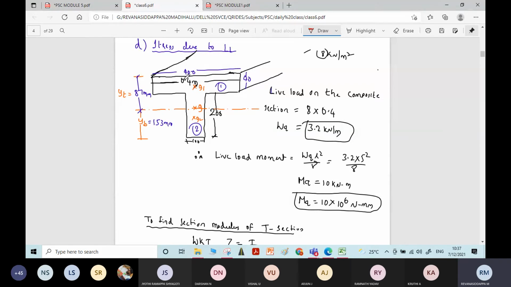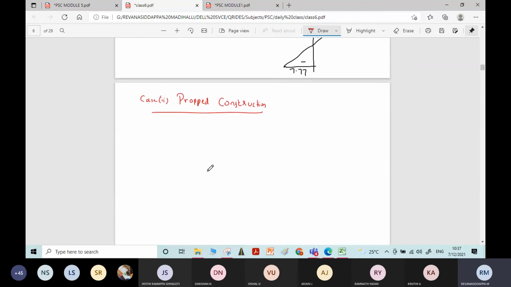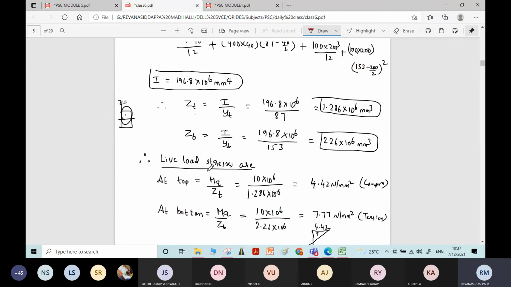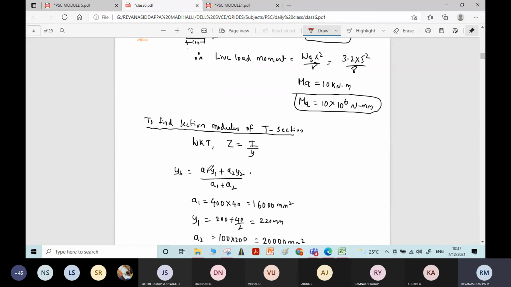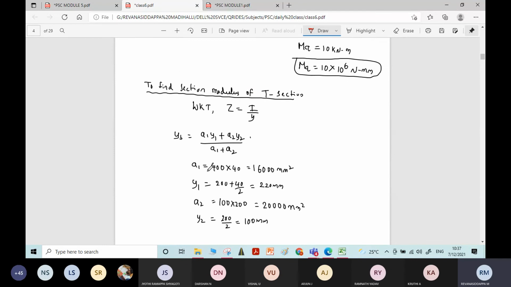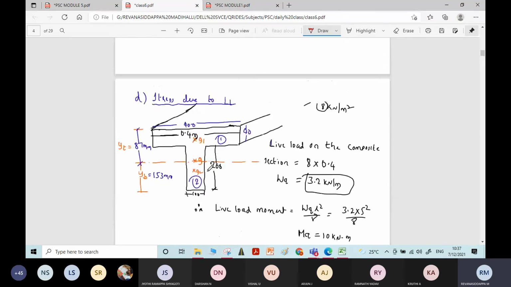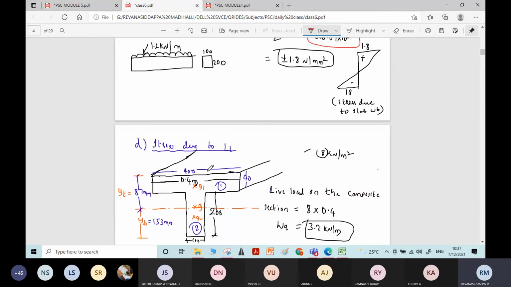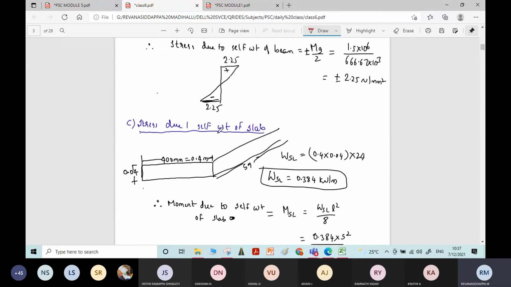That is why we should consider the sectional property with respect to the full section, whatever the ZT, ZB values are. Those values we need to consider to find stresses due to the dead load of the slab. That is the difference between calculation for unpropped and propped construction. Only there is change in the calculation of stress due to self weight of the slab in step C.